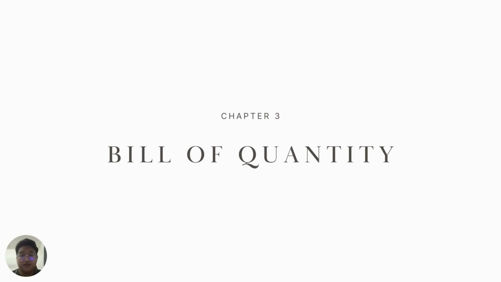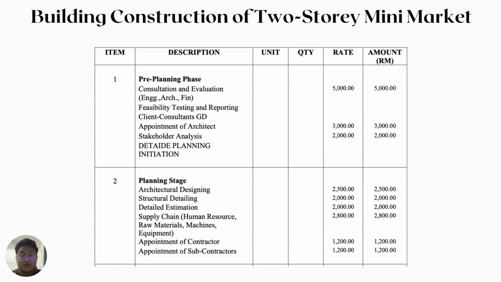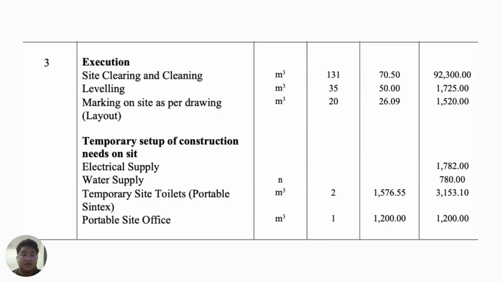Chapter 3, Bill of Quantity. So this is the bill of quantity for building construction of a two-story mini market. First of all, the pre-planning phase. Second, the planning stage. The third one is execution.